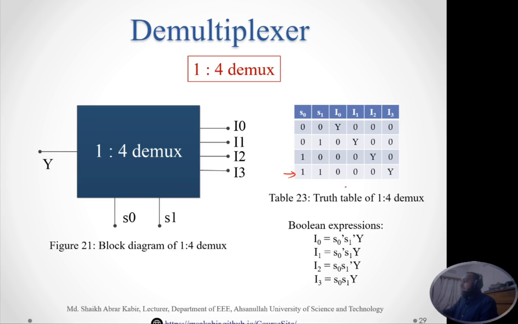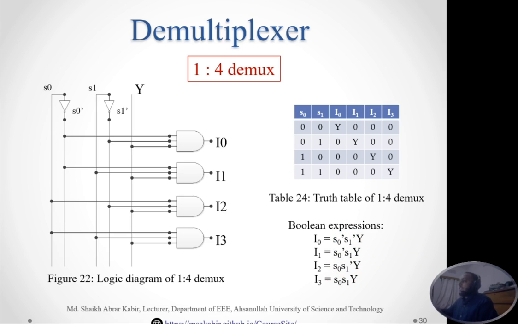When S0 is 1, S1 is 1, then we will get the expressions like this: 1 into y equals y, because in that case only this product will be 1 and the other products will become zeros. So we will find y only at I3, and in the other outputs we will get zeros.